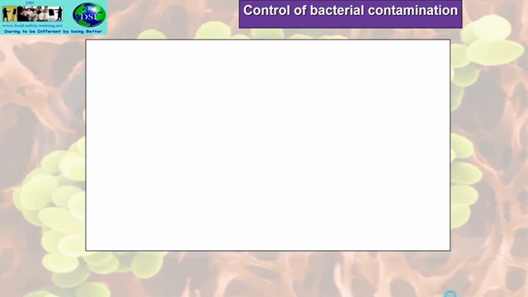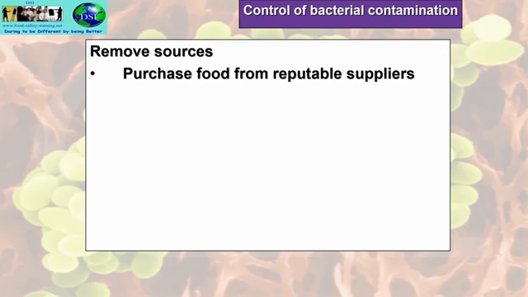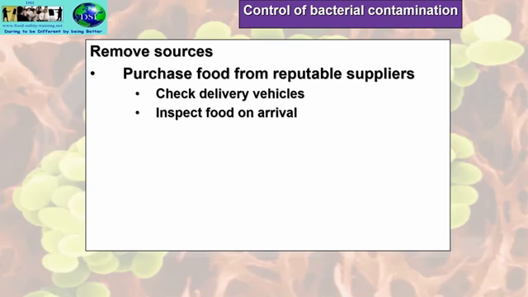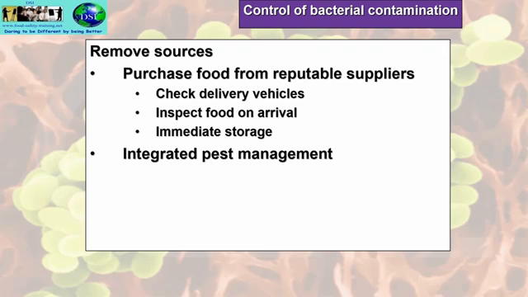So control of bacterial contamination. We can remove the sources, in other words, purchase food from reputable suppliers. This is really part of the HACCP system of the Food Safety Management System. You can check delivery vehicles, inspect food on arrival, immediate storage, integrated pest management, set a system up for that, which we'll be looking at in some detail later on.